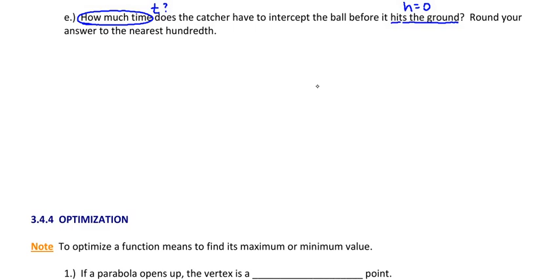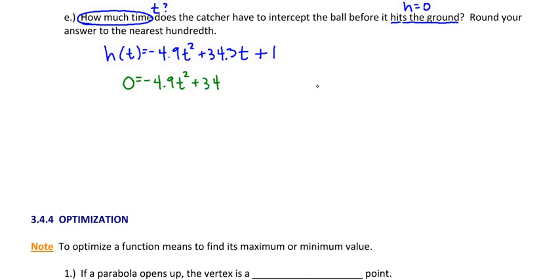So what we want to do is set the height equal to 0 and then solve for t. So as a reminder, our function is h of t equals negative 4.9 t squared plus 34.3 t plus 1. So we're going to set the height equal to 0, and then we're going to solve for t.